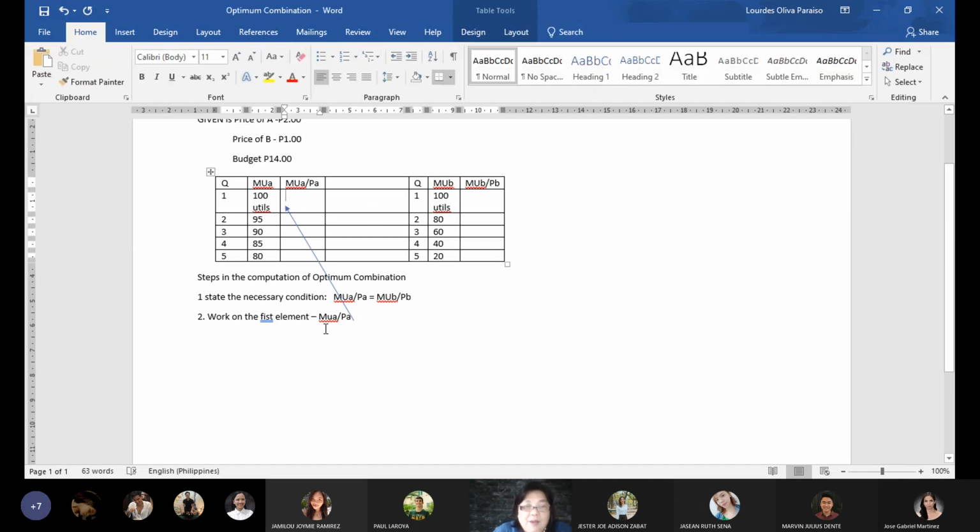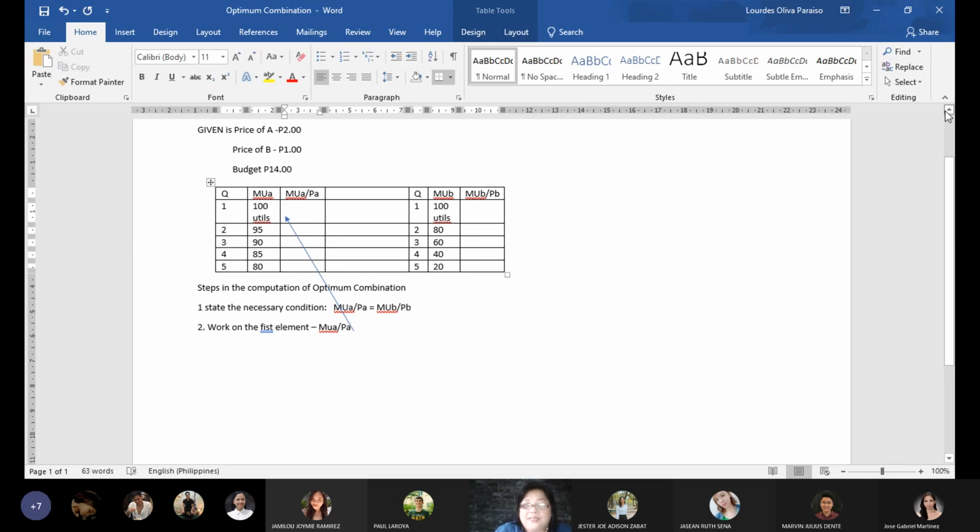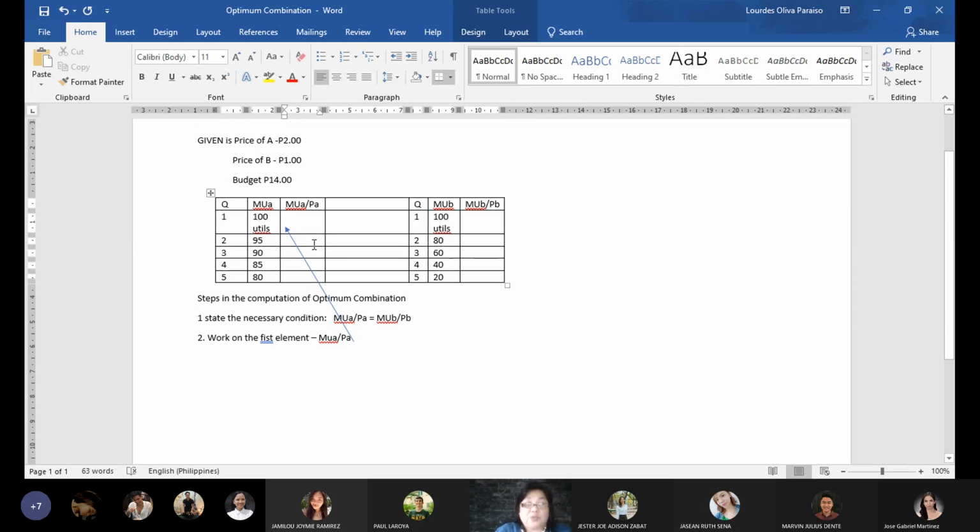You have marginal utility of A over price of A. What was our price then? It is 2 pesos, right? So 100 divided by 2, that gives you how much? And then 95 divided by 2 gives you 47.5.